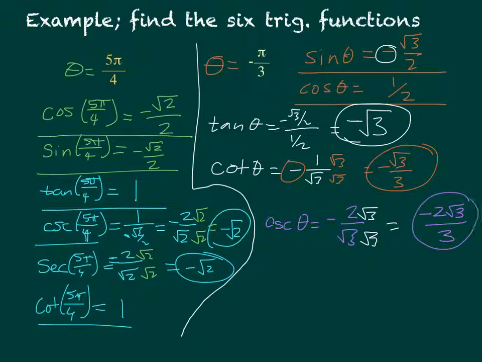And that is your cosecant. And secant of theta is going to equal the inverse of cosine, which is 2 over 1, or 2. And that is your secant value. So those are your final answers for the 6 trig functions of negative pi over 3.